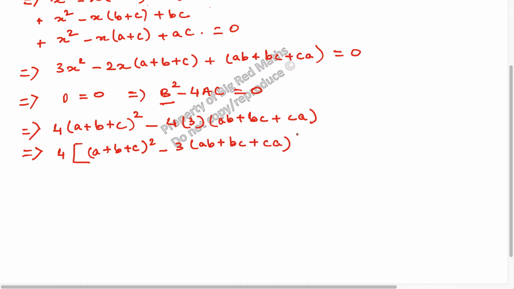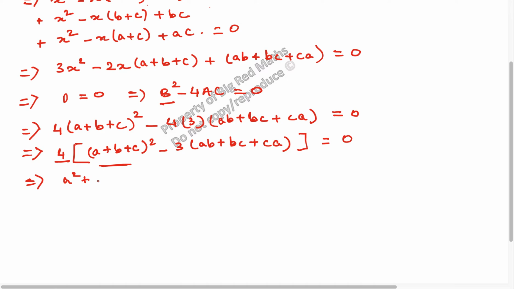And remember that b square minus 4ac should be equal to 0, because we are trying to find real and equal roots. The 4 cannot be equal to 0, so the term inside the bracket should be equal to 0. Now I'm opening the brackets after removing the 4.